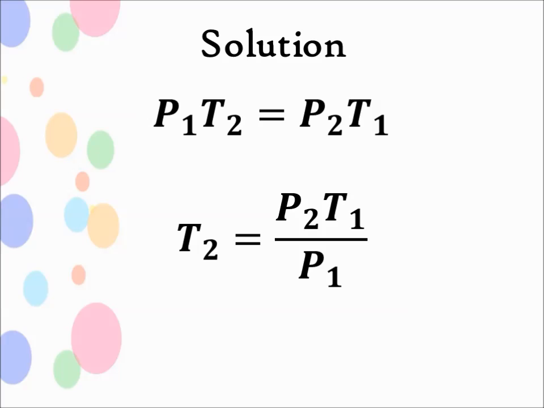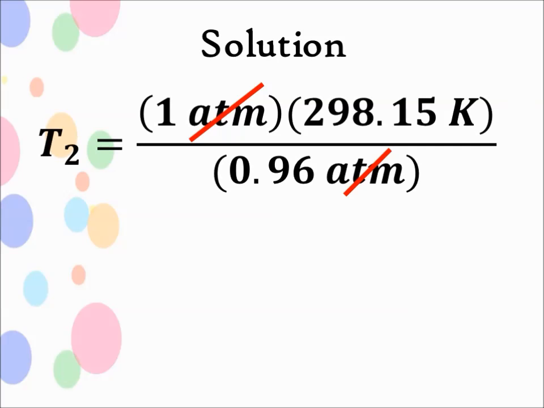So to substitute, pressure 2 is 1 atmosphere, temperature 1 is 298.15, divided by pressure 1, which is 0.96 atmospheres.